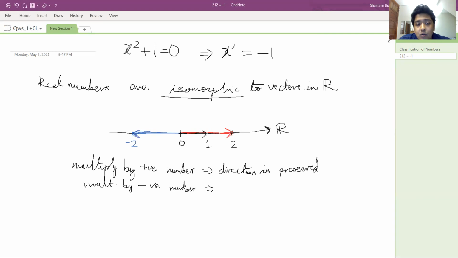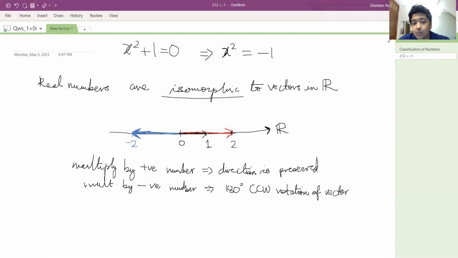Of course, its magnitude changed because I multiplied it by a number that was different from 1. But the other thing to note is that when I multiply by a negative number, direction changes, and I can also talk about it as a 180-degree counterclockwise rotation of that vector.